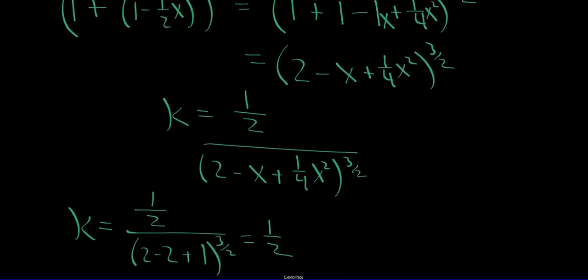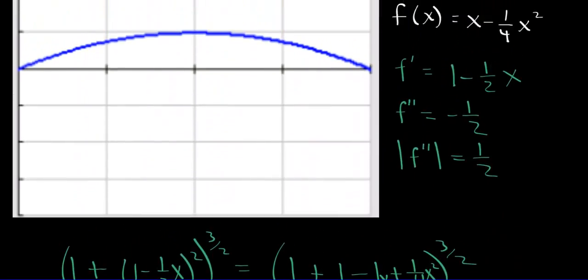Now, let me go back up here. This would be the grand finale. I want to show you something about curvature. I want to make a circle here. I'm trying to make a circle here.